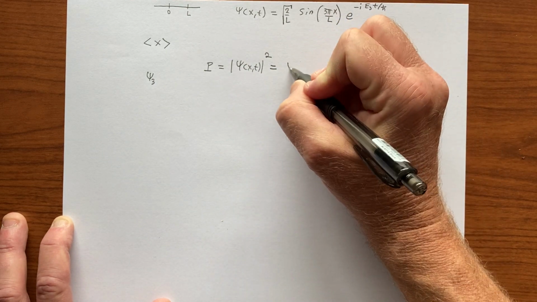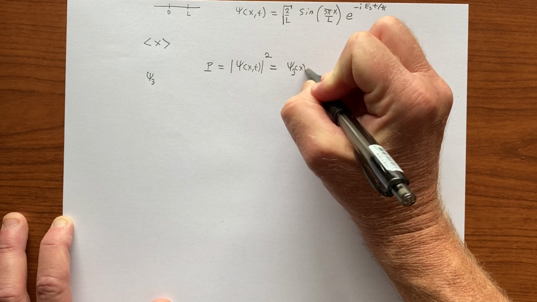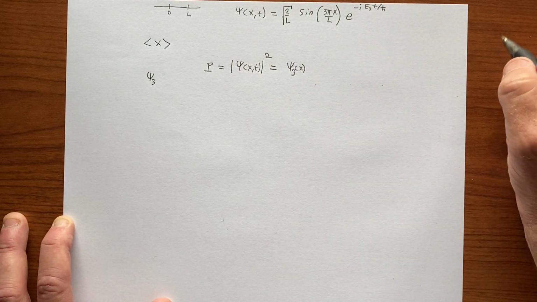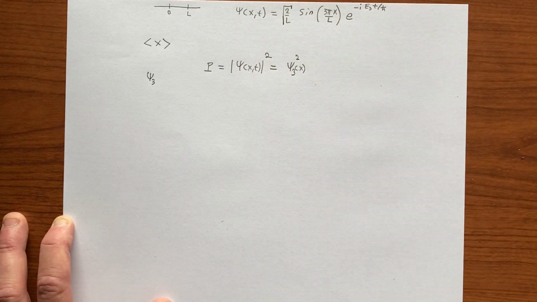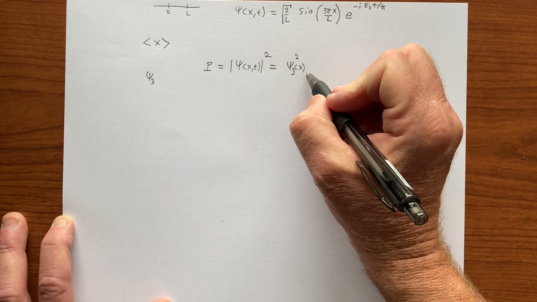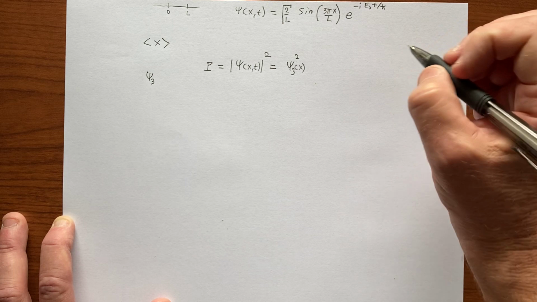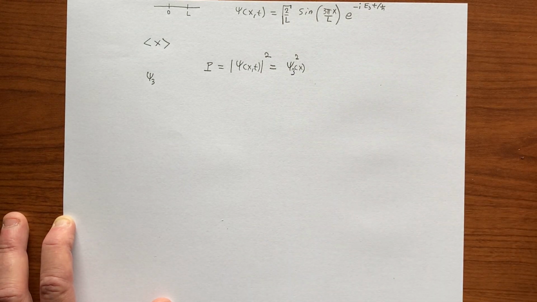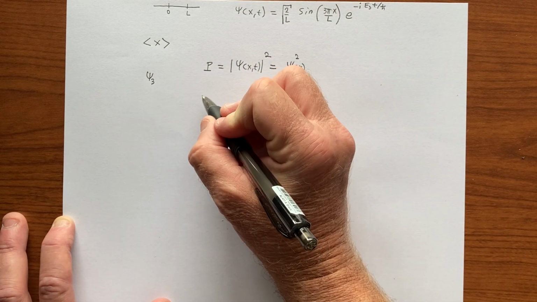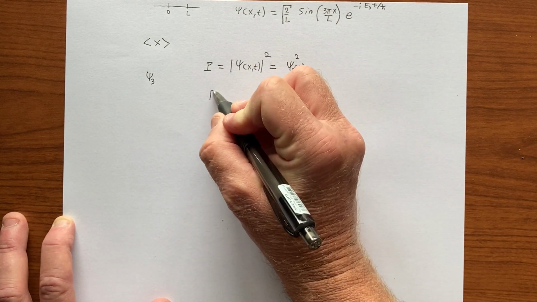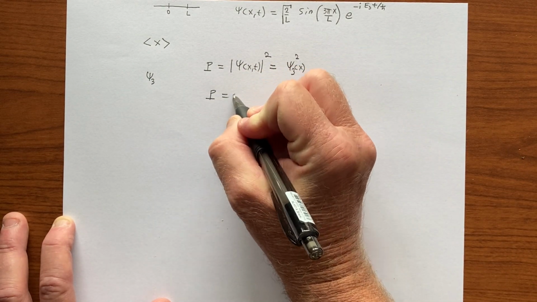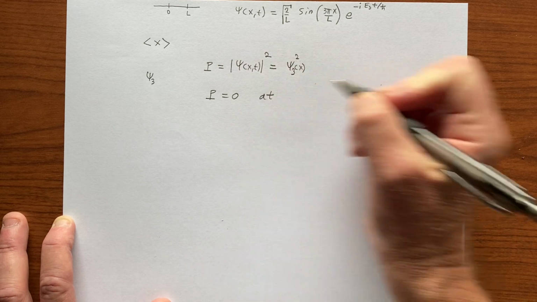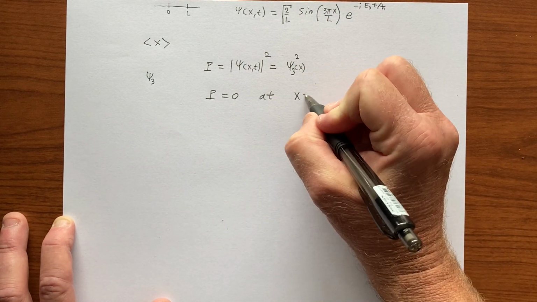That's just psi 3 of x squared. And that quantity goes to 0 at certain locations. So P equals 0 at x equals 0.